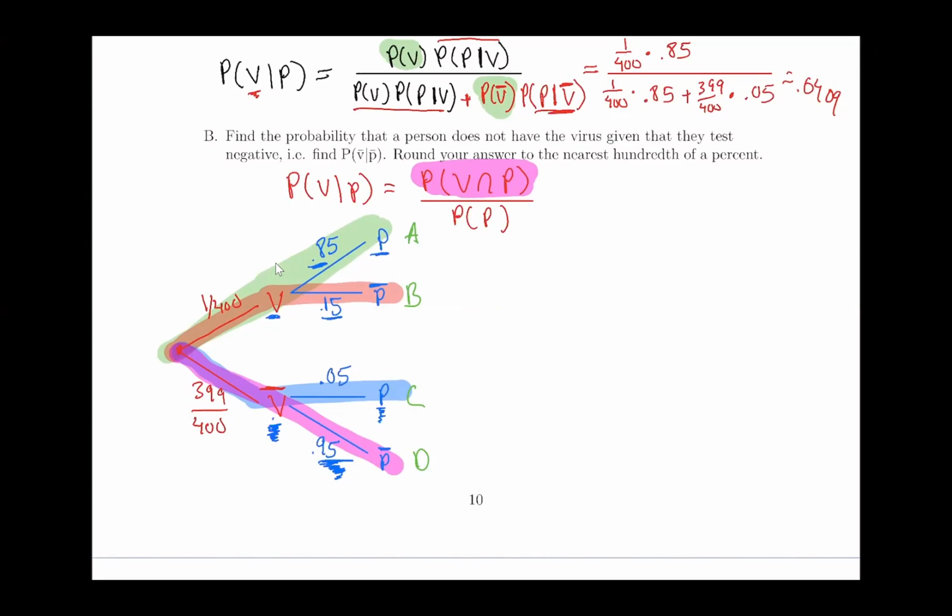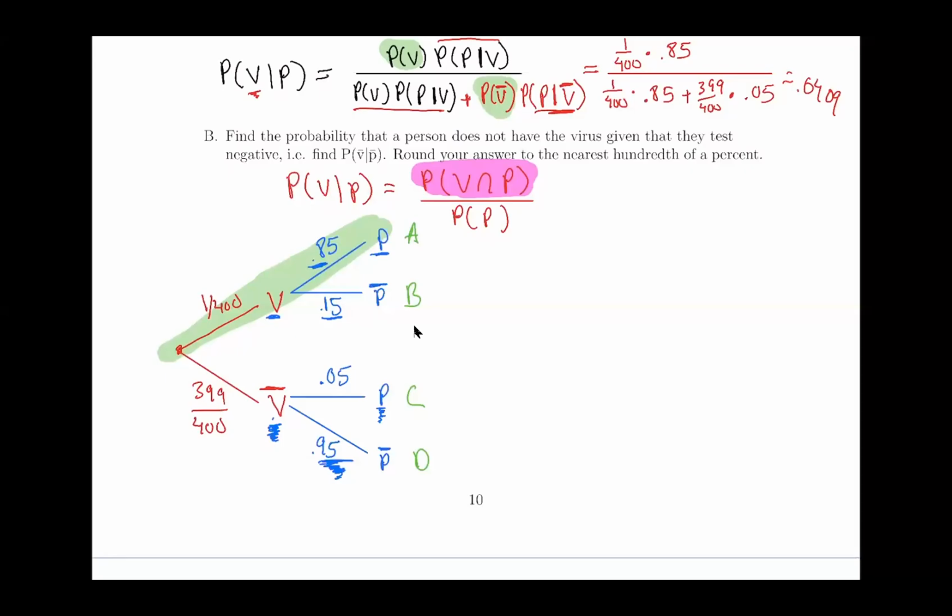So what we want to do, we're going to use branch A. So in order to use branch A, so we're going to use branch A. So if you look at branch A, we have the probability you have the virus, and we have the probability that you test positive given you have the virus.